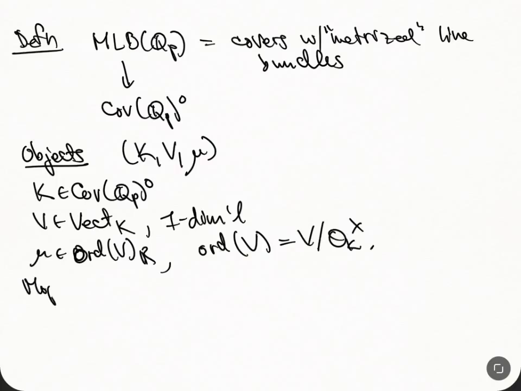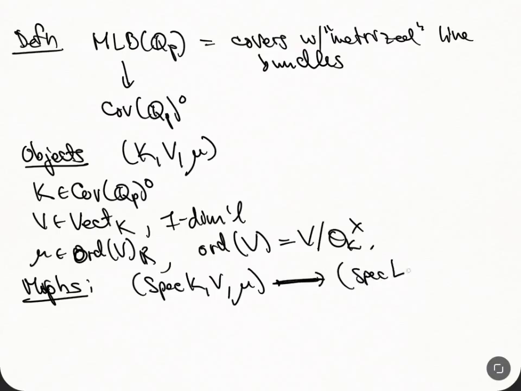Okay, so now we did the objects, and now we have the morphisms that we need to define. So these things, W, let's say nu. Okay, this is going to be given by some F, sigma, and d. So d is going to be the degree of the map.